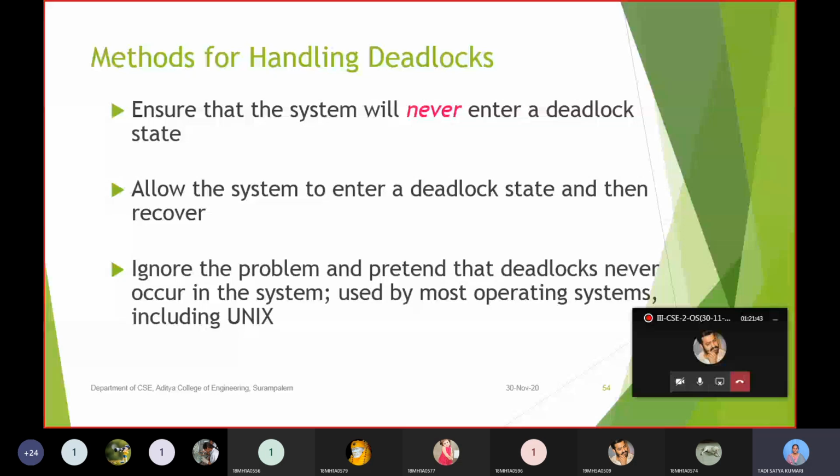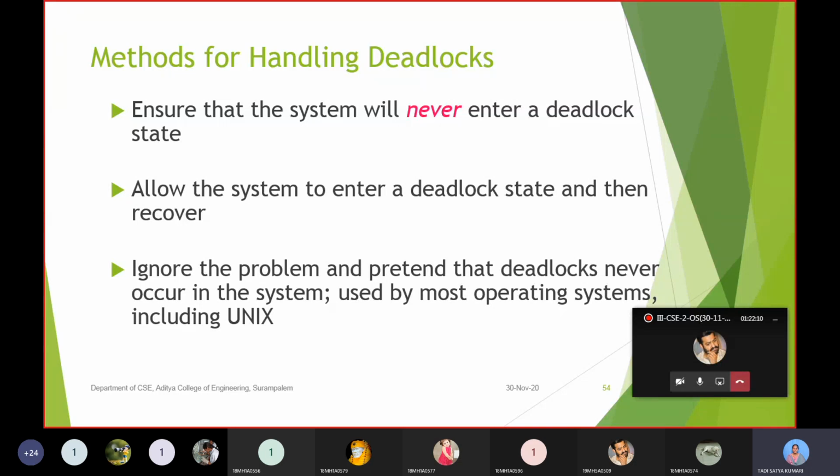So by using these 3 methods, we can handle deadlocks. In the next topics, we will discuss these 3 methods. First is avoidance and prevention. Second is occurrence of deadlock and recovery. Third is ignoring the problem. In the coming slides, we will discuss each of these.